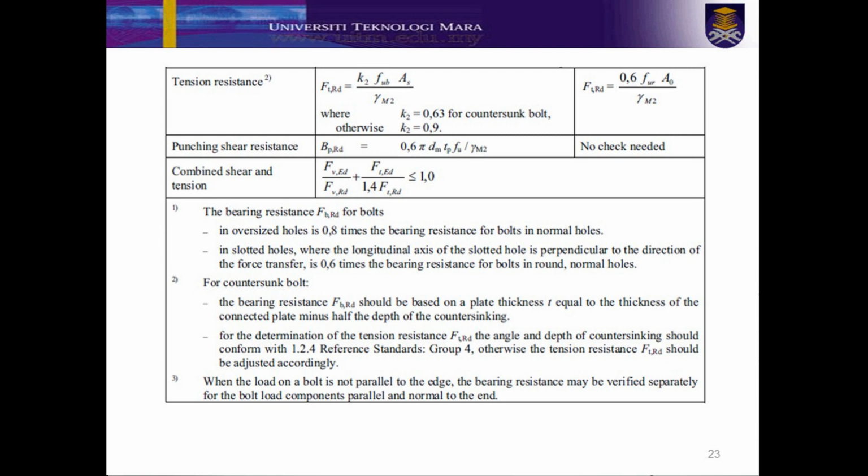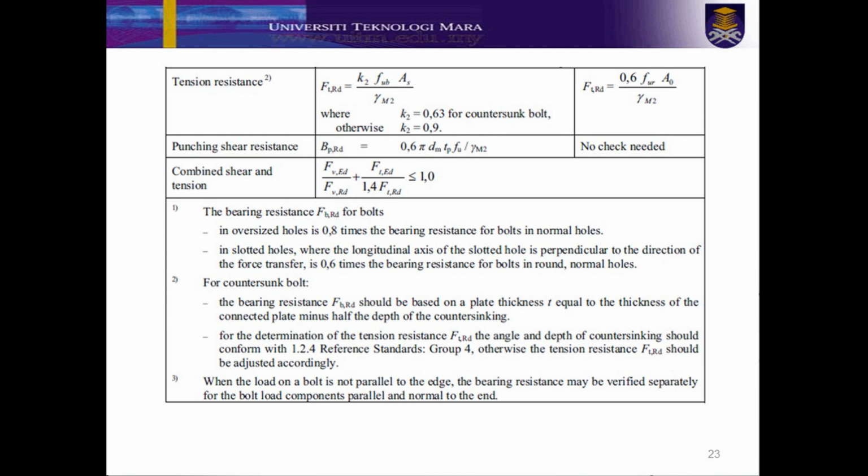Also you can see here the tension resistance alone, which is the tension that needs to be carried by the bolt, FTRD, equal to K2 FUB AS over gamma M2.